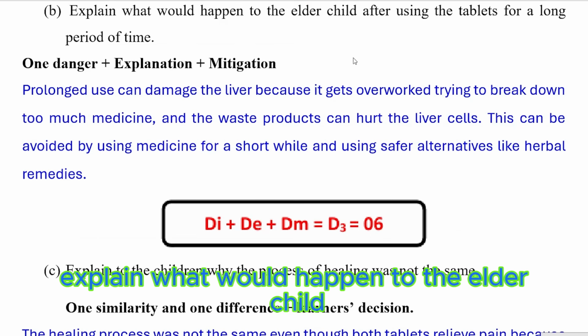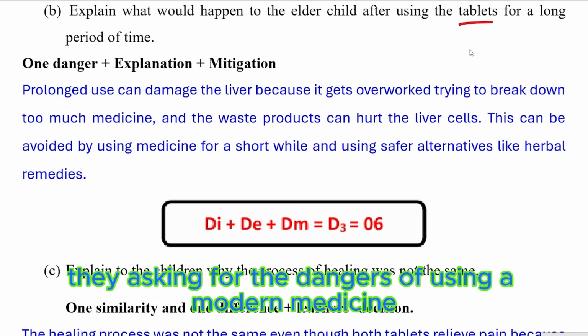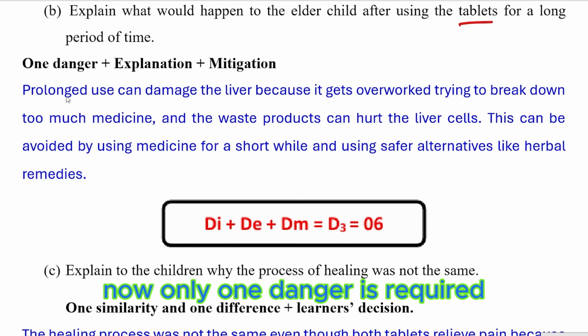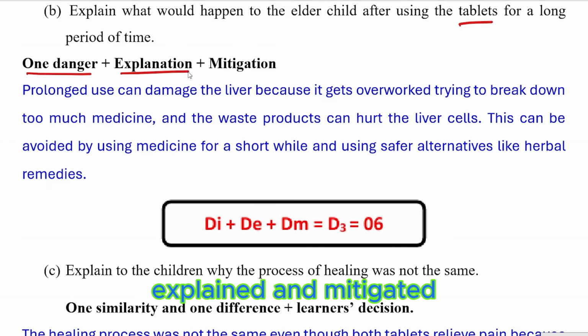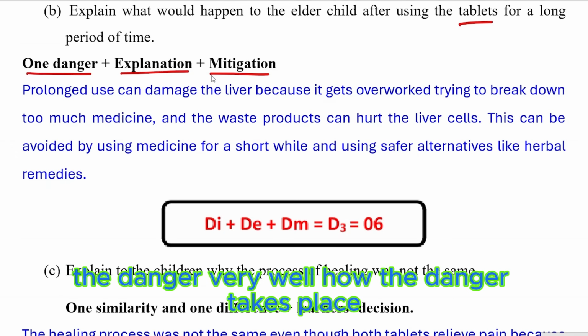Explain what would happen to the elder child after using the tablets for a long time. Rather, they're asking for the dangers of using modern medicine. Now, only one danger is required, explained and mitigated. So the explanation should actually bring out the danger very well, how the danger takes place.